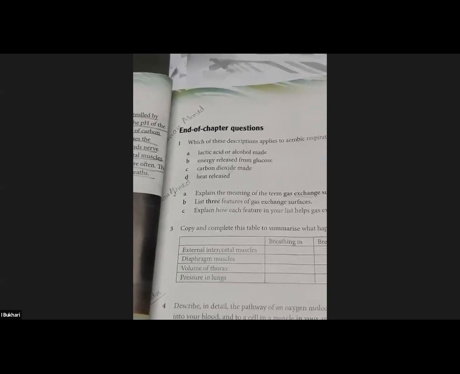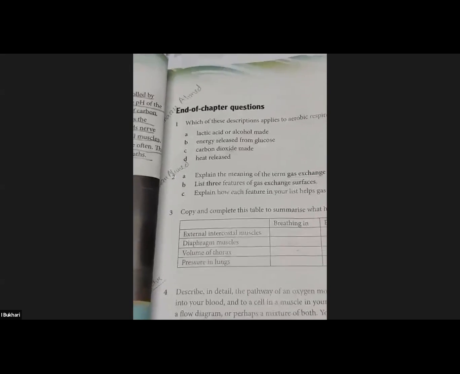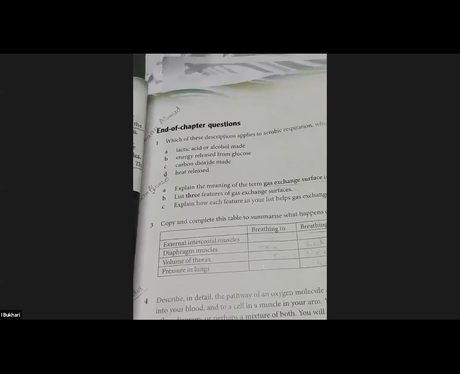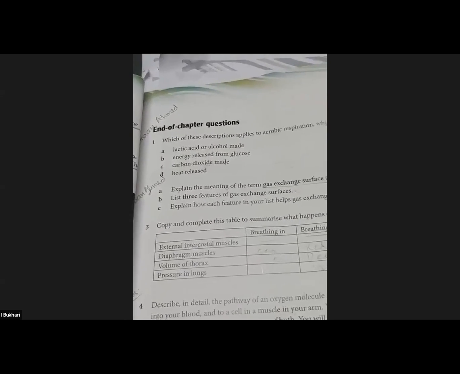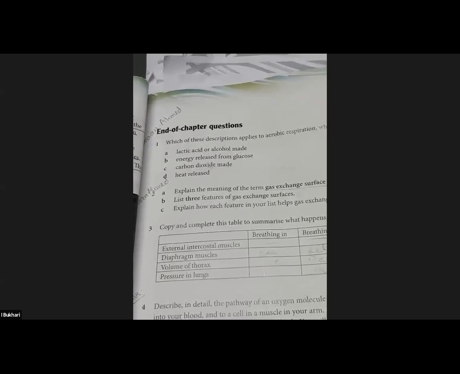Okay, Ruman, part B, energy released from glucose. Both aerobic and anaerobic, because energy is released in both. In aerobic, it's greater as compared to anaerobic. Okay, part C, carbon dioxide made. Aerobic, carbon dioxide is made.